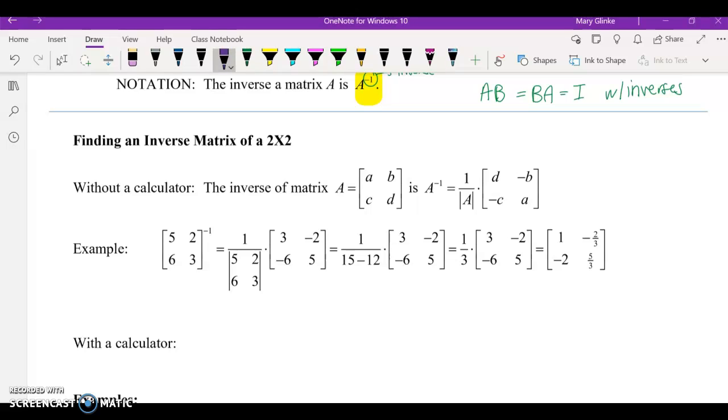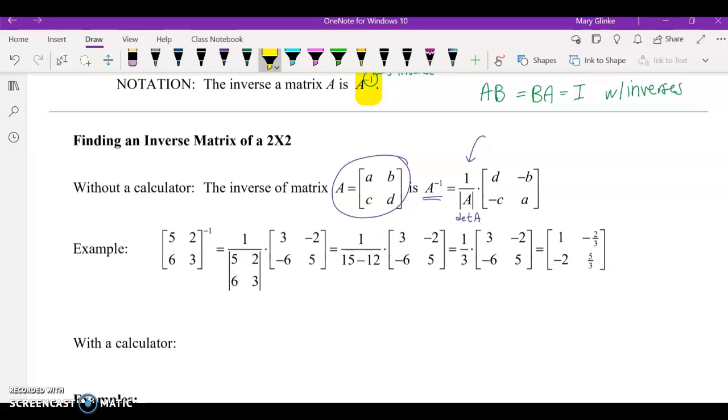Say we are given a random matrix A, and here we have a 2 by 2. So the inverse of this matrix is notated by A -1, so the inverse of A. The first thing is to find the determinant of A. And we're going to do the reciprocal of the determinant.